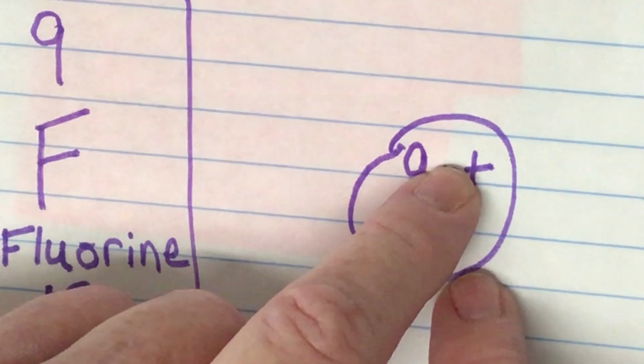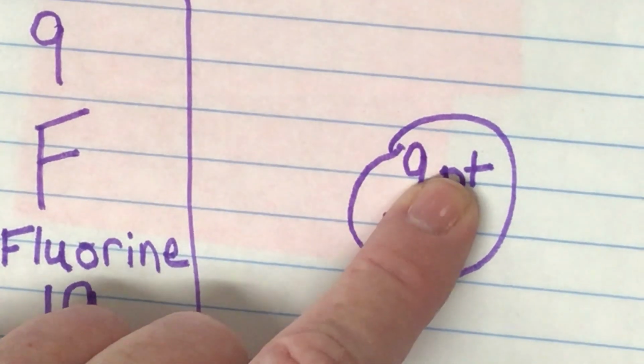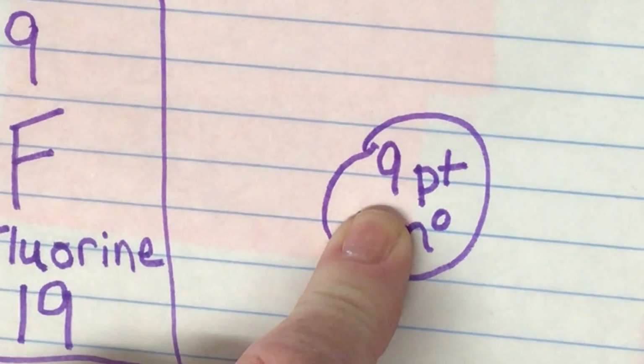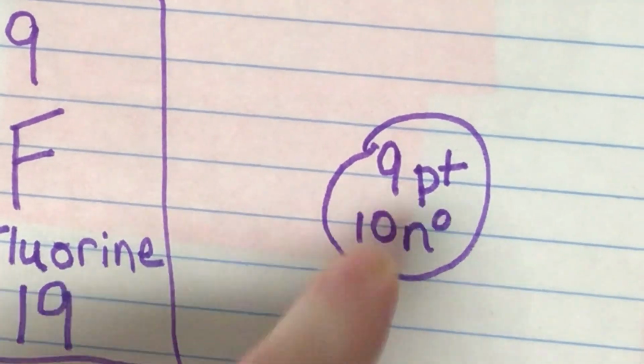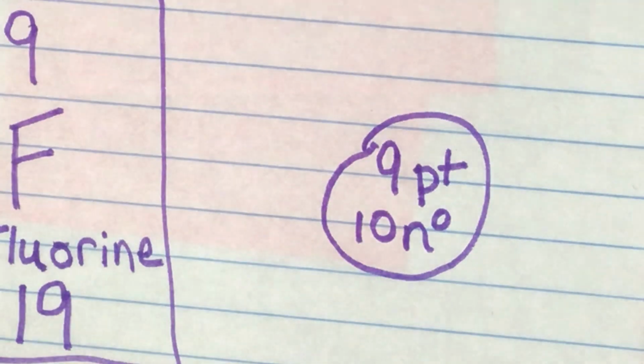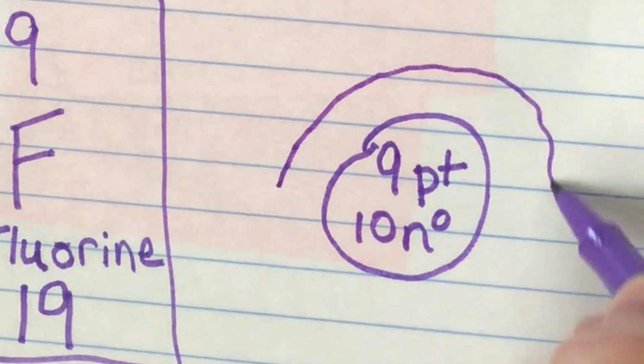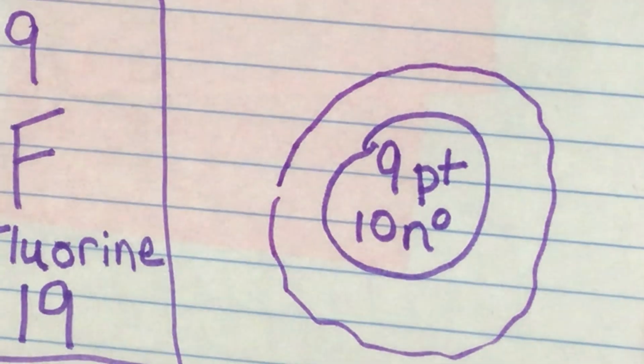So this is the mass. This is the nucleus, right? Okay, if we have 9 positives, how many negatives do we need to balance it out? If we have 9 positives, we need 9 negatives. So we're going to come out here and we're going to draw an orbital.